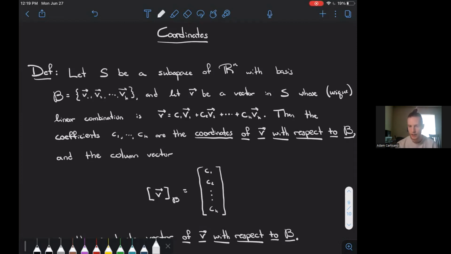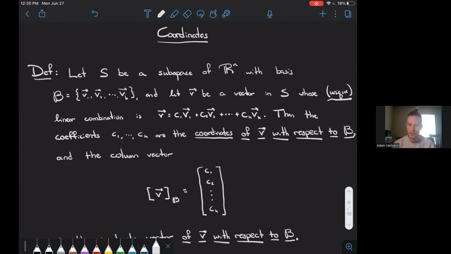Now, if V is a vector in S, then it can be written as a linear combination of the basis vectors because those basis vectors span all of S. I've put the word unique in parentheses here. It's not obvious that there's only one way to write the vector V as a linear combination of these other vectors. That's actually a theorem.